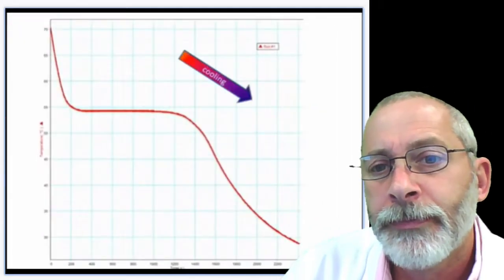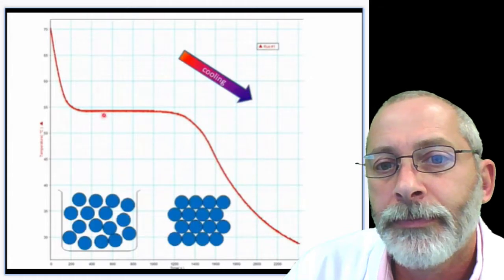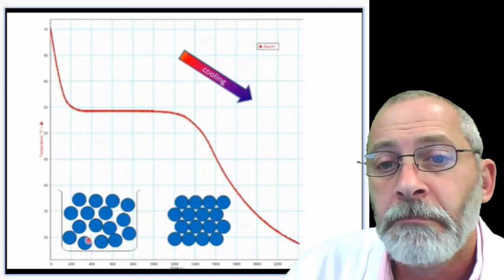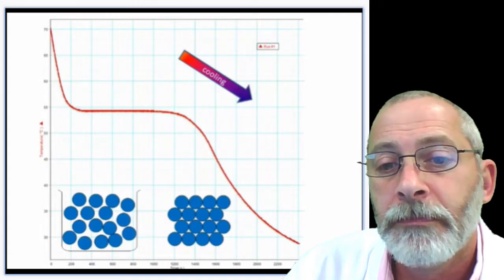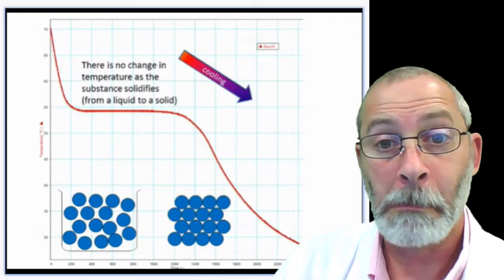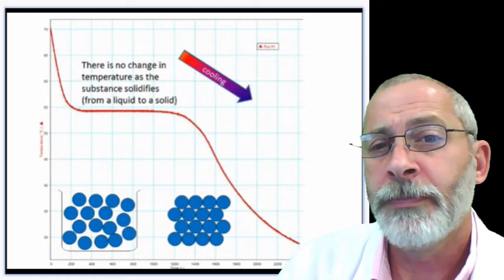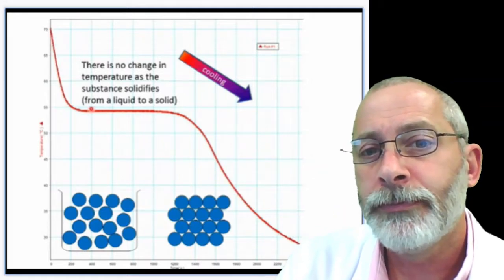So now if we look back at the cooling curve, we can apply the same logic. The flat bit of the graph occurs at the change of state, when changing from a liquid to a solid. And we notice that there was no change in temperature as the substance solidifies from a liquid to a solid, even though it's still well above room temperature.